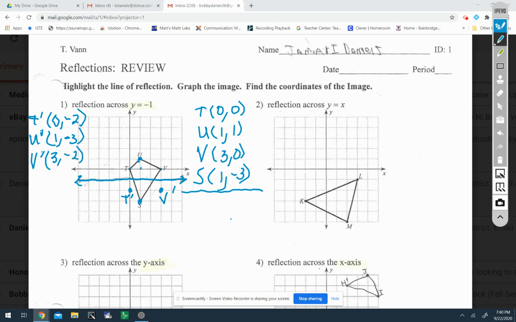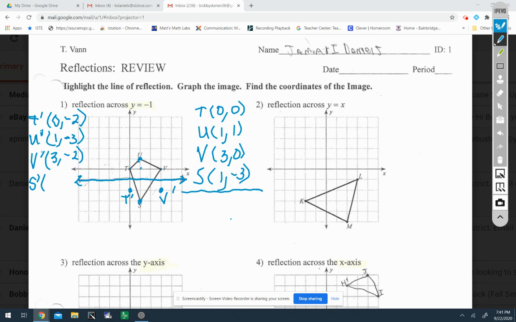Okay, now let's look at S, where S is. S is right now on 1 and -3. So we're going to call it S prime. Notice that S is 1, 2 units below this blue line that I've drawn.